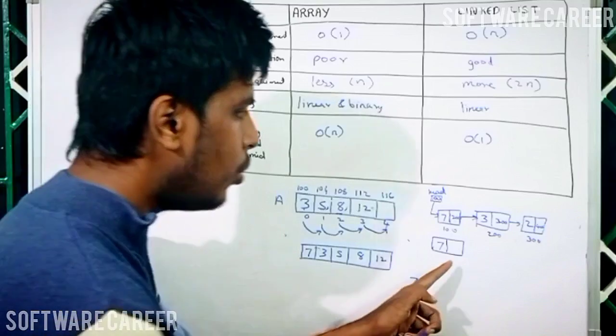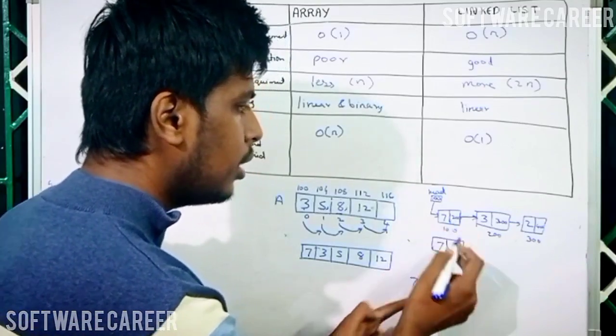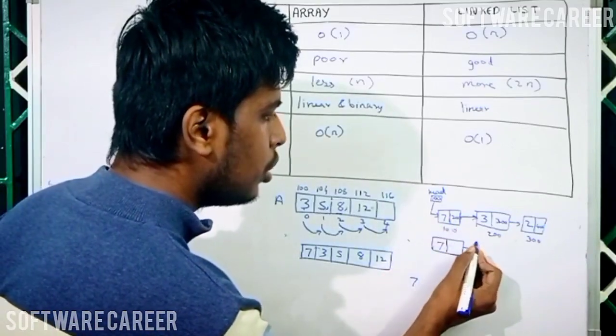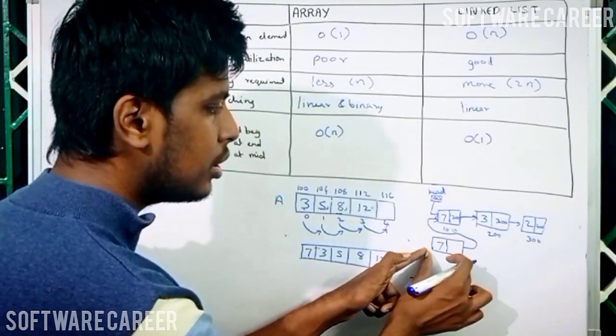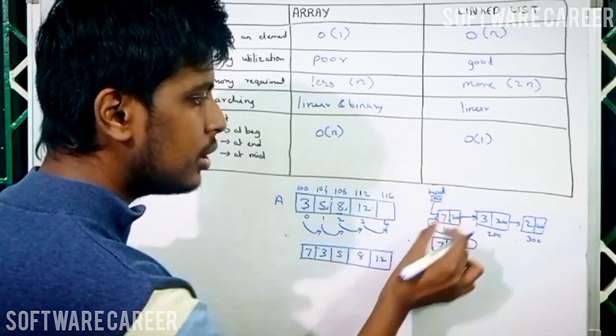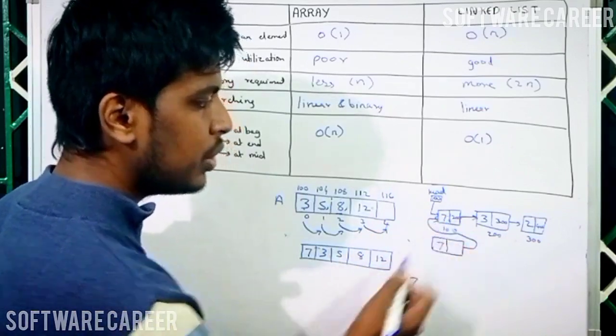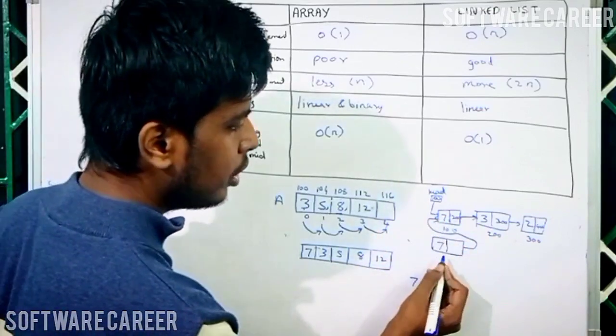Now this base address is 100. You should point the new node towards this node, because if you insert this at the beginning, this is the first node and this is the second node, so this should point towards it. So how to point this?